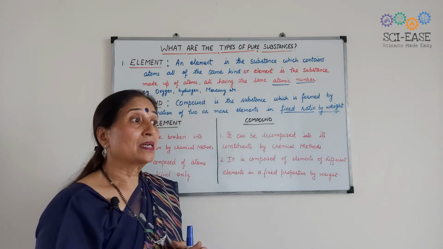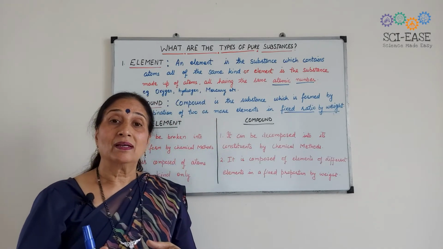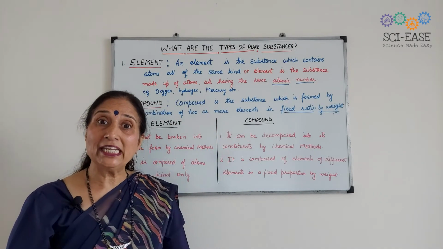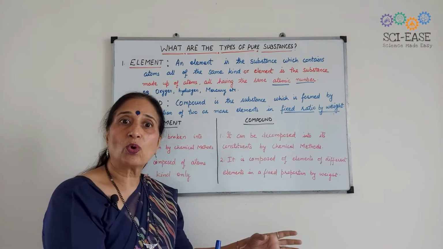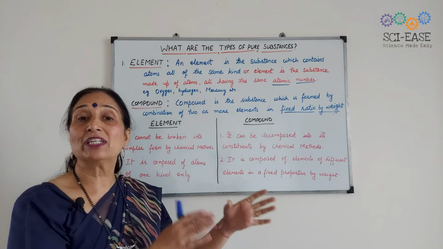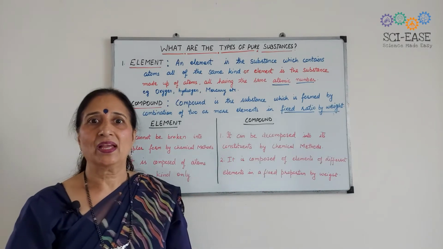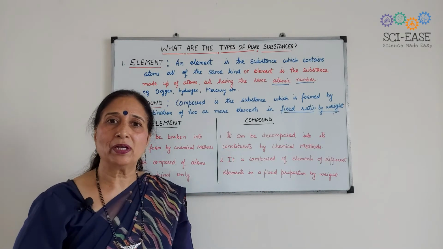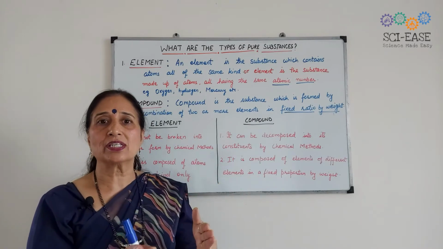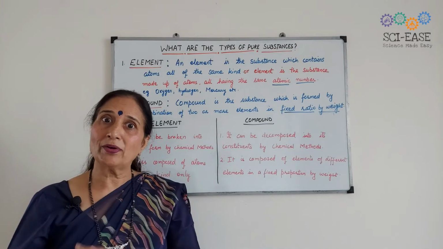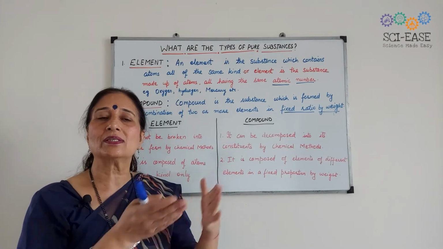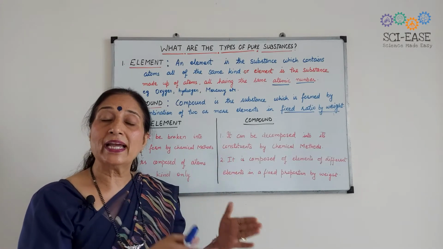And compounds, their properties, they are altogether different from their constituent elements from which they are formed. Like we take the example of when hydrogen and oxygen combine, they result in the formation of water. Water is a liquid, hydrogen and oxygen are in the gaseous form.